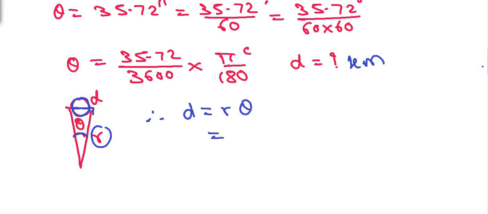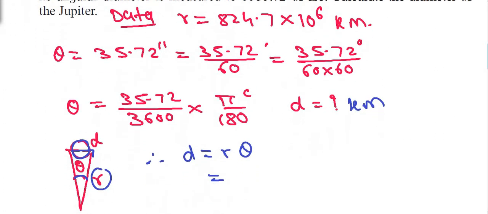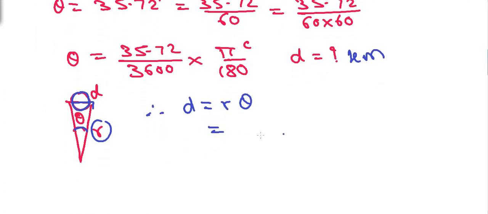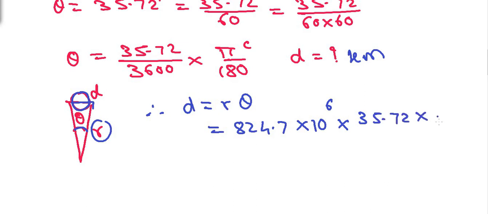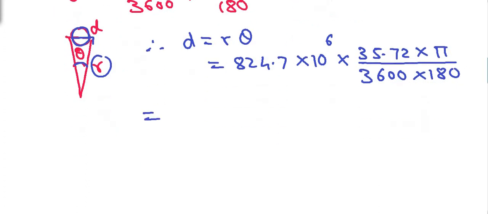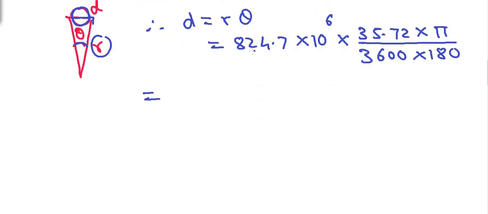That is equal to, now R is given 824.7 into 10 raised to 6. 824.7 into 10 raised to 6 multiplied by 35.72 into pi divided by 3600 into 180. That can be written as, this is equal to, now let us write 824.7.